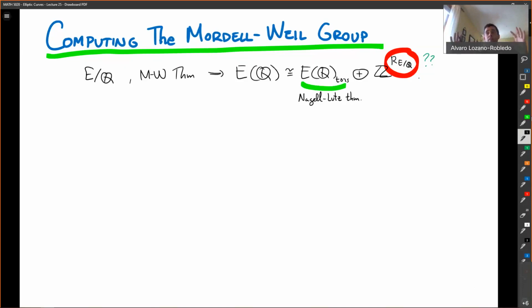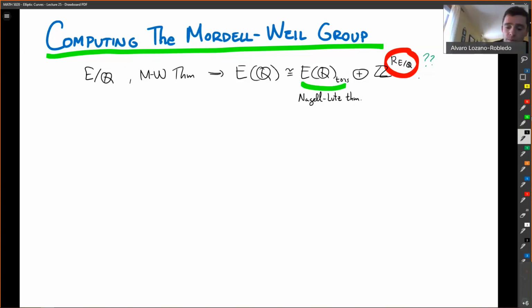Because if I have enough of them, then I can just look at their heights and then do a search of bounded height for points, and I will find the generators. So what I need is just R, like the rank, linearly independent points whose heights I can figure out to then later find all the bases.